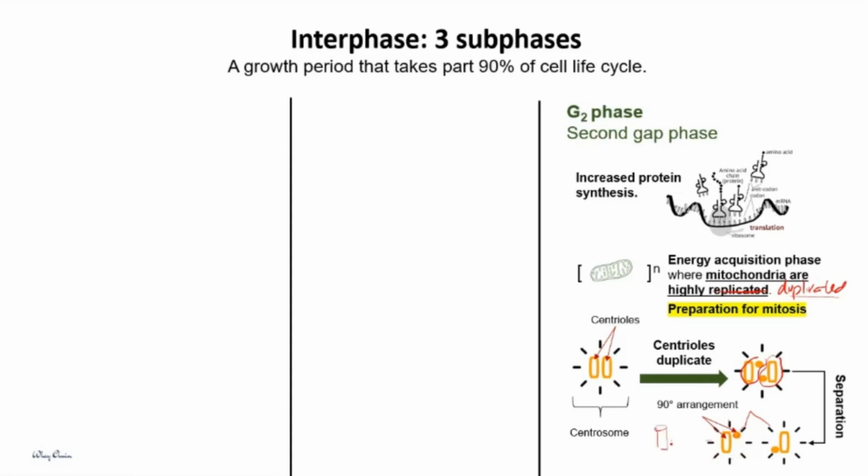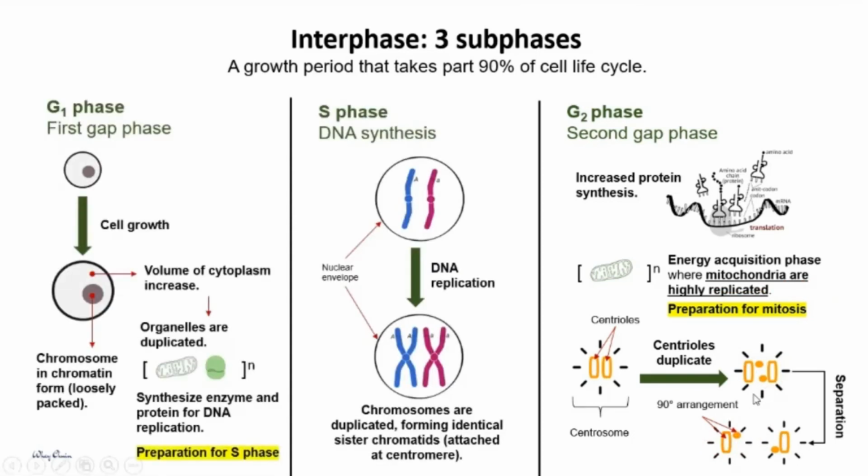Centrioles are always found in a pair, and they will be arranged perpendicular to each other. Okay, dia akan susun sedemikian ya, sudut tegak. That's why bila kita buat cross section of the cell kan, satu bagi keratan memanjang, satu bagi keratan yang macam ni, merentas punya. Okay, so these are the significant events in the G2 phase.